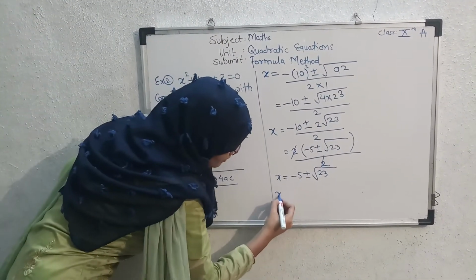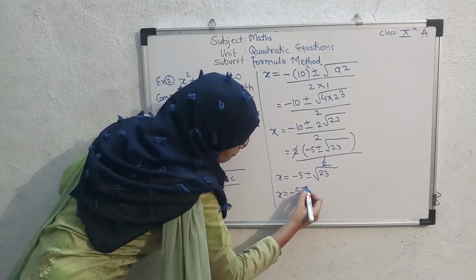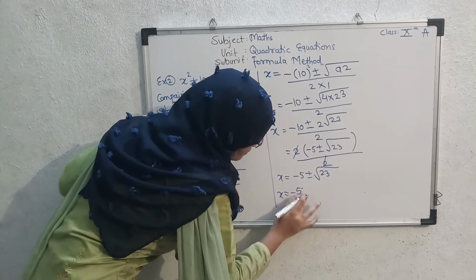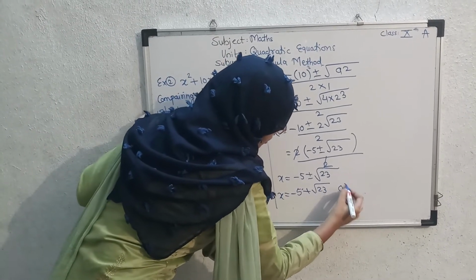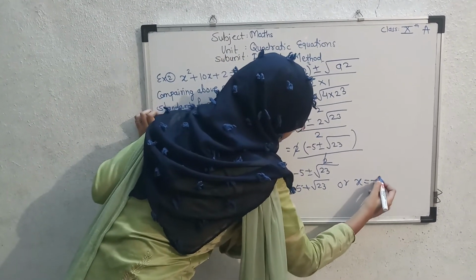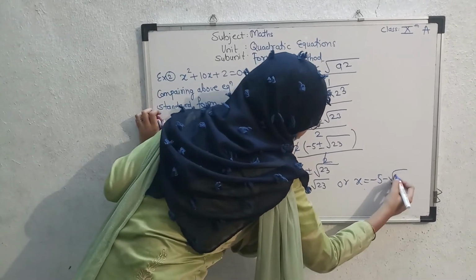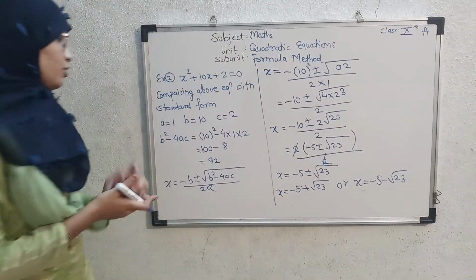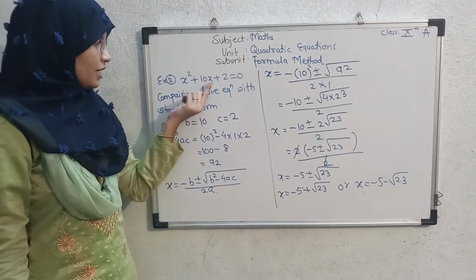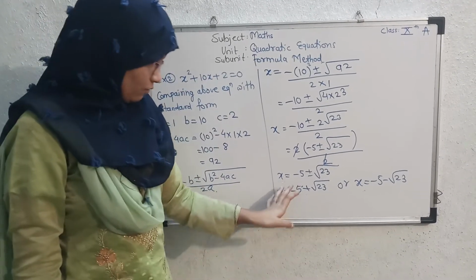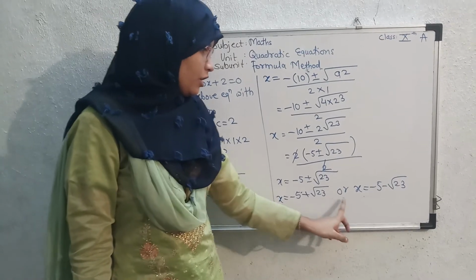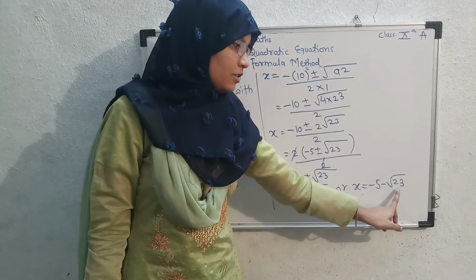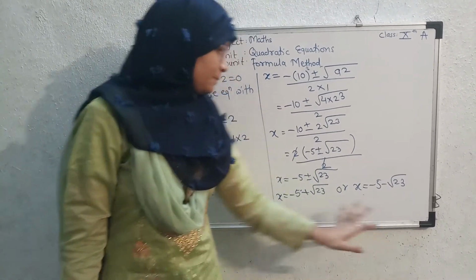First we get minus 5 plus under root 23, or now we get minus 5 minus under root 23. Thus for this quadratic equation x square plus 10x plus 2 is equals to 0, we got two roots. x is equals to minus 5 plus under root 23, or x is equals to minus 5 minus under root 23.